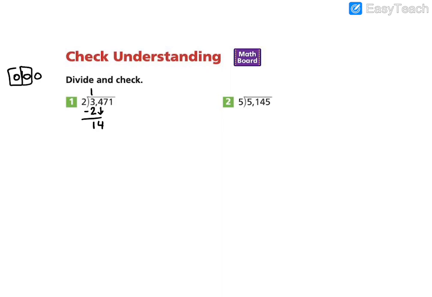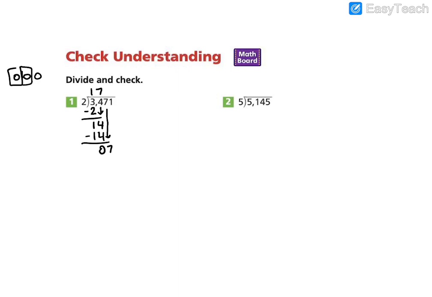Can I divide 14 into 2 groups? I can, because 14 is a multiple of 2. So 14 divided by 2 is 7. I was able to divide all 14. So I have 0 hundreds I need to regroup. But I'm not done. I still need to divide the tens place and the ones place.